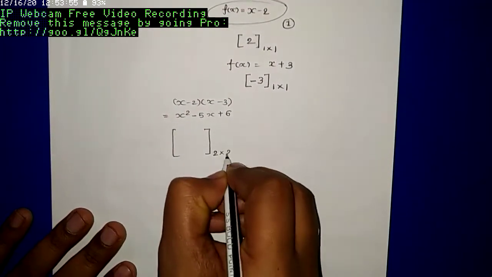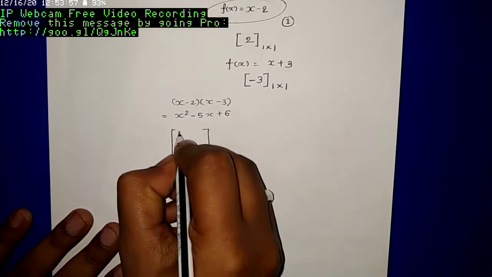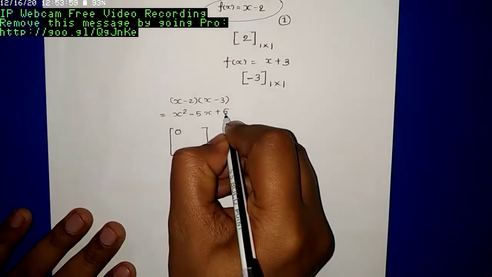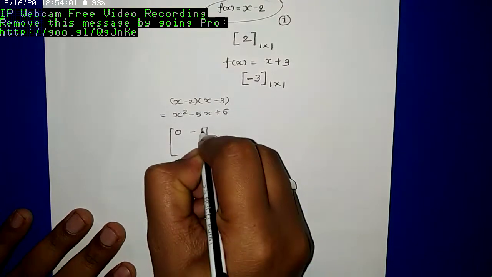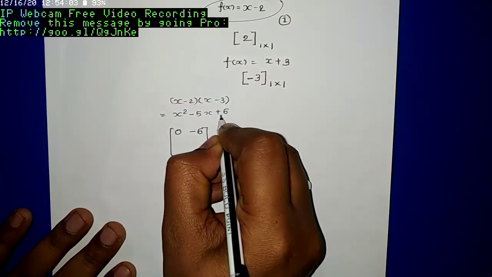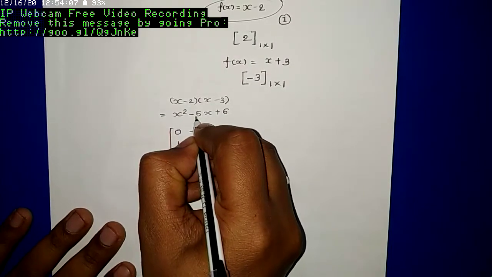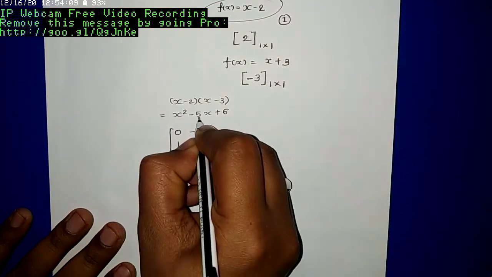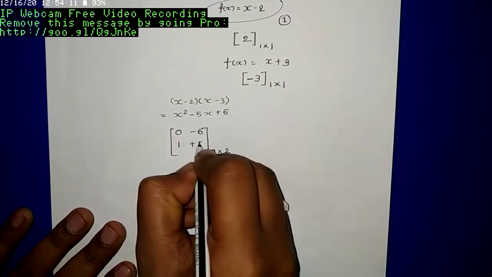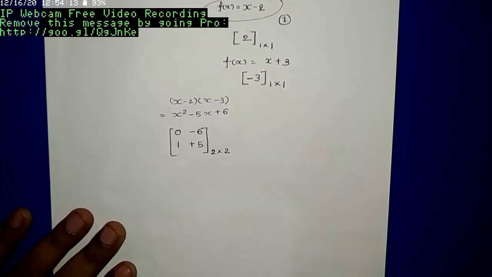What is the first row? 0 and this term, but with a minus sign, because here it is plus. So next 1, and we do not consider the highest degree term, so plus 5. So this is the companion matrix of the given polynomial.